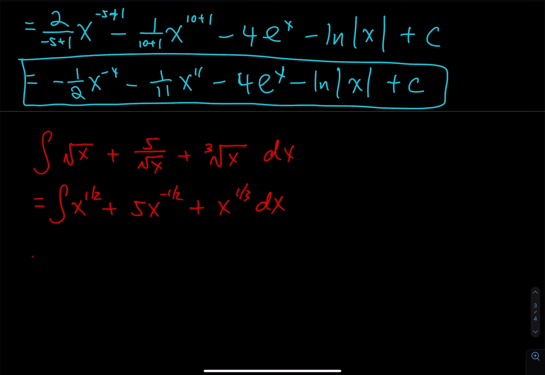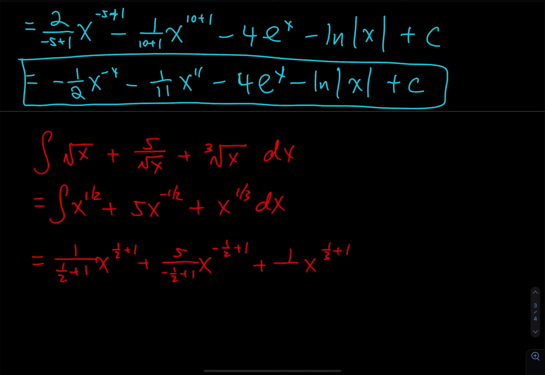Apply the power rule. So we have x to the 1/2 plus 1, 1 divided by that, and then plus 5 x to the negative 1/2 plus 1, 5 divided by the whole thing, and then plus x to the 1/3 plus 1, 1 divided by the whole thing, and then you add c, right?